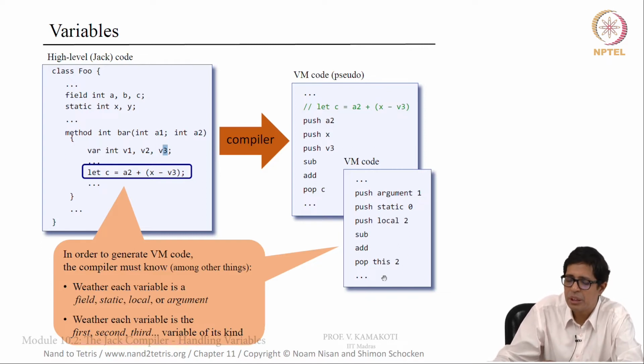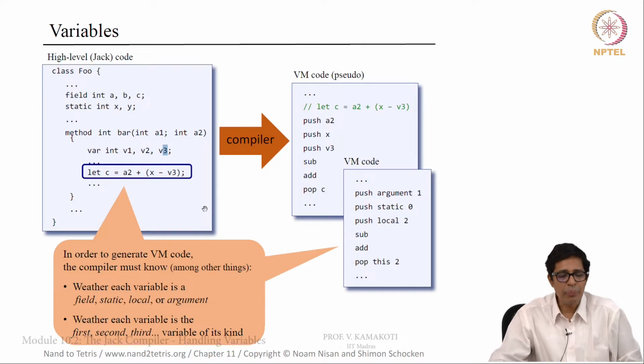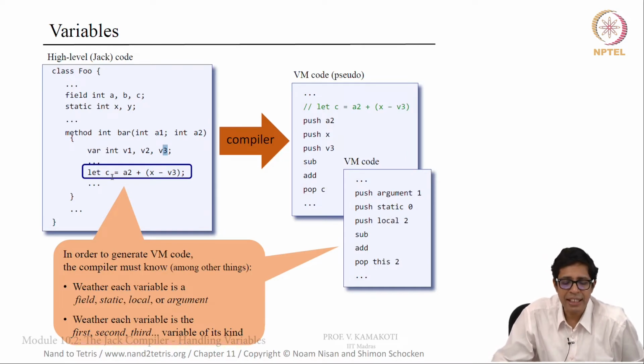So pop this 2, right. This essential statement is the actual high level Jack code that gets changed into this VM code, pseudo level, but finally this is the VM code. So somehow we have to now translate this C equal to A2 plus x minus V3 onto the last code here.